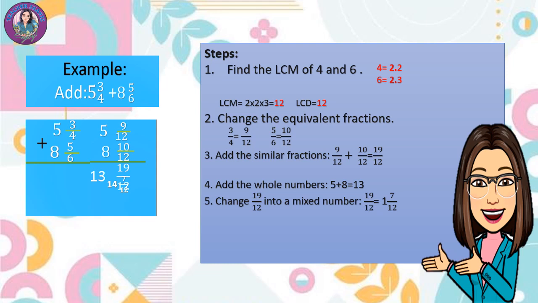The remainder is 7, so we use that as the numerator. And the final answer is 1 and 7/12. Step 6. Add 1 and 7/12 and 13. The sum is 14 and 7/12.